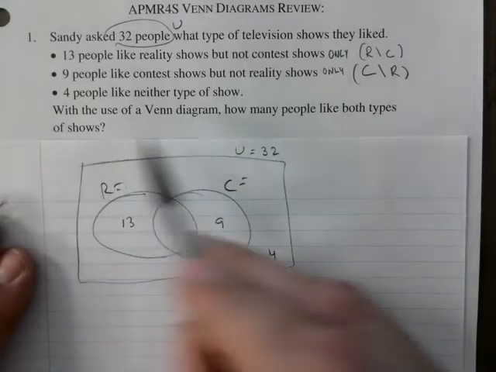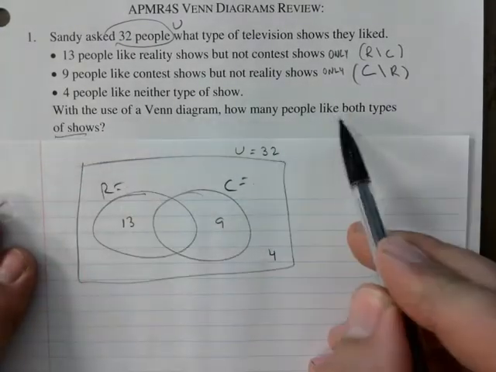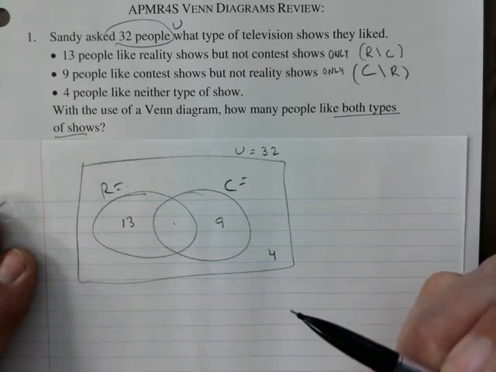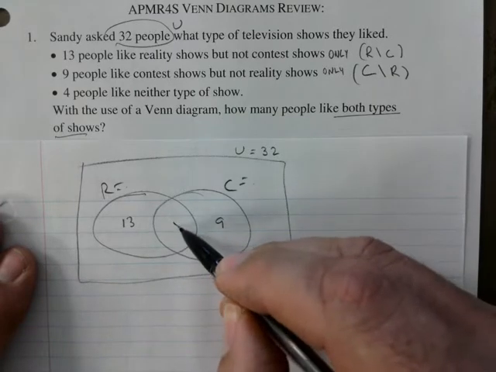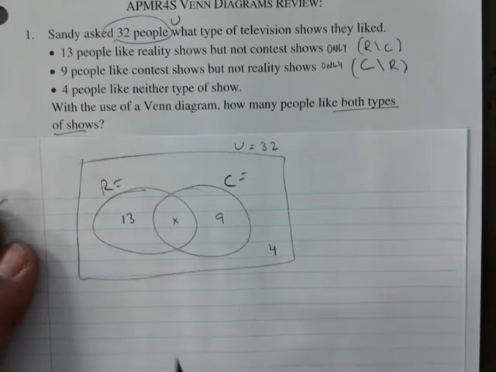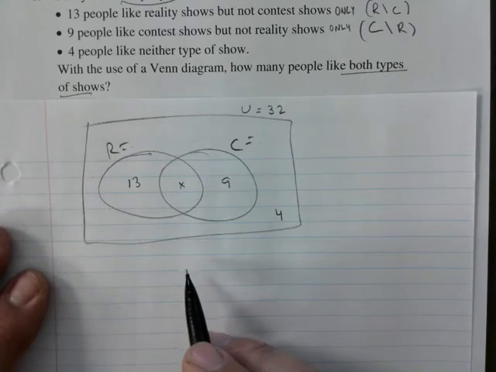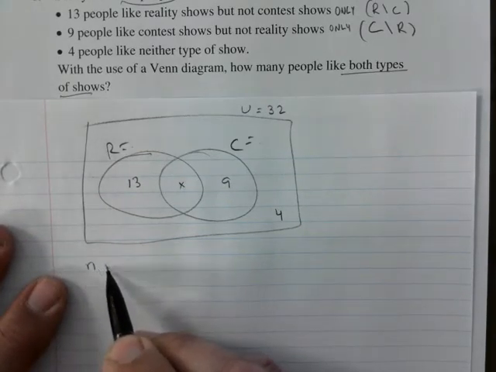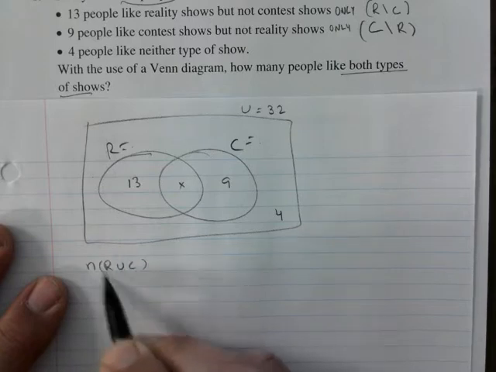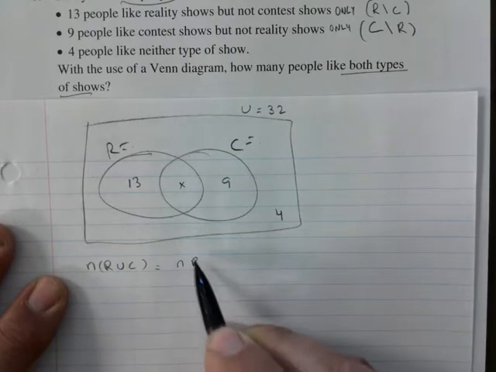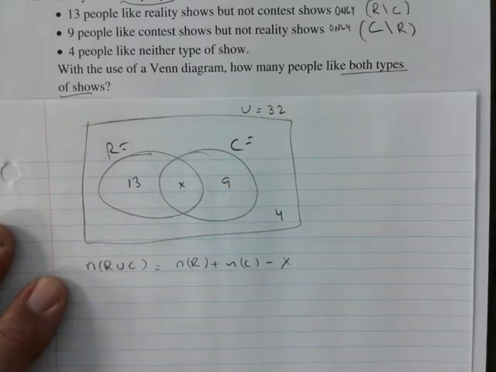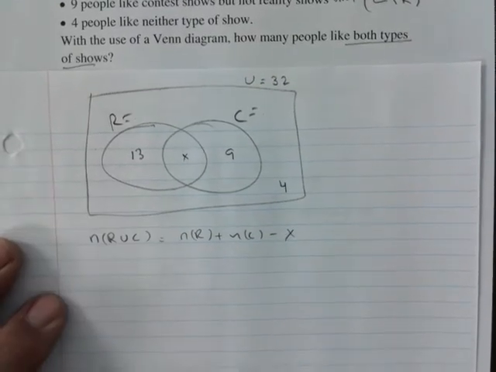So it's asking how many people like both types of shows. They're basically asking for this centerpiece. How would I go about that? Well, I will call that my unknown, x. I'm going to try to use pi here. So the union between both of them is nr plus nc minus x, because I have to subtract the overlap.